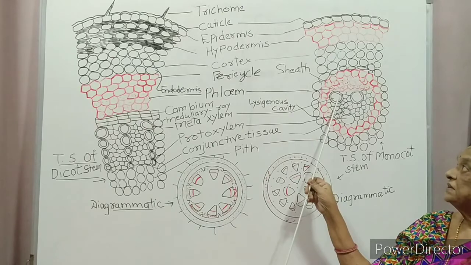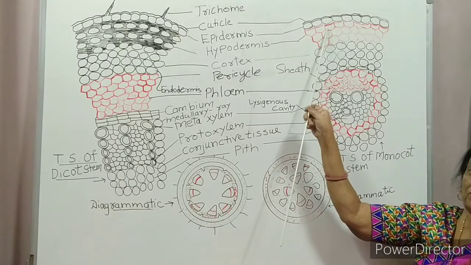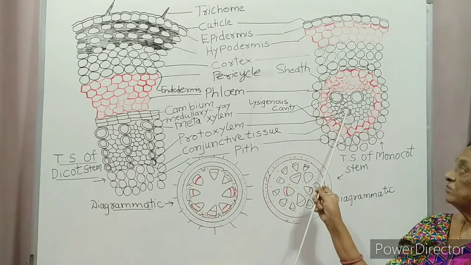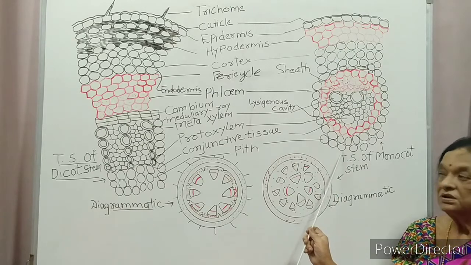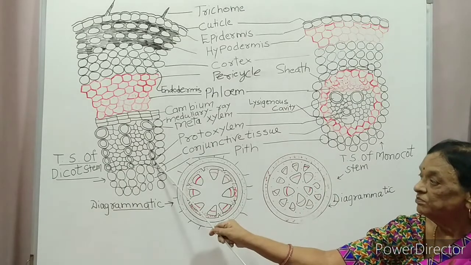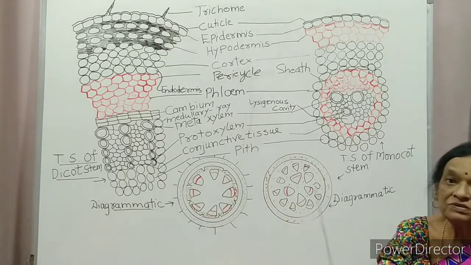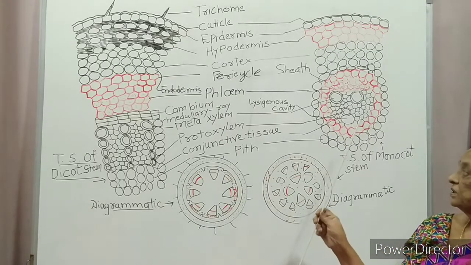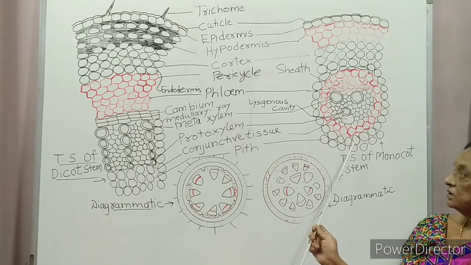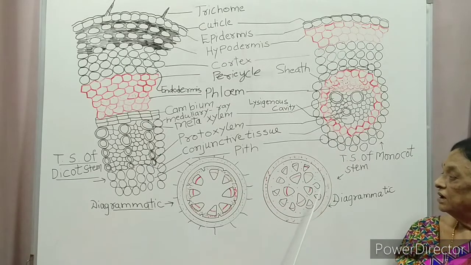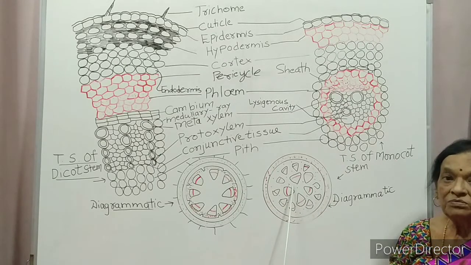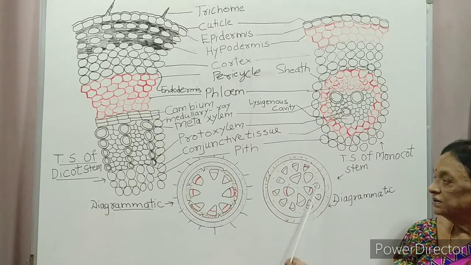The metaxylem is towards the periphery, the protoxylem towards the pith. So protoxylem towards the pith. This condition is called endarch. Now the vascular bundles of the monocot stem are scattered.